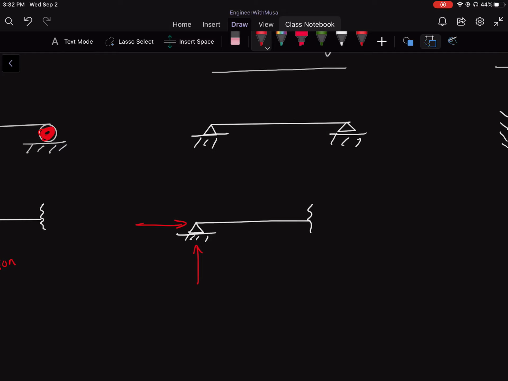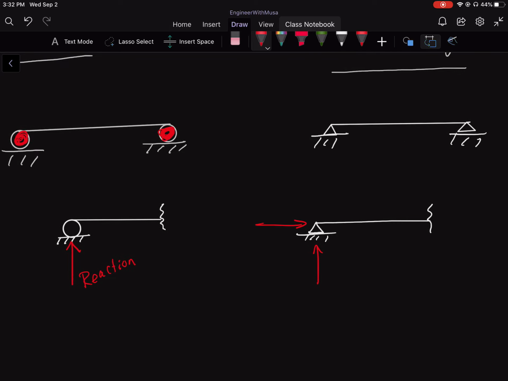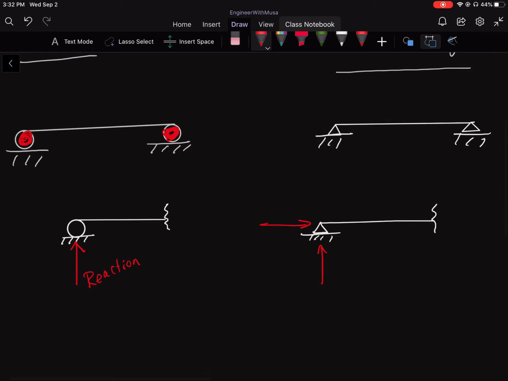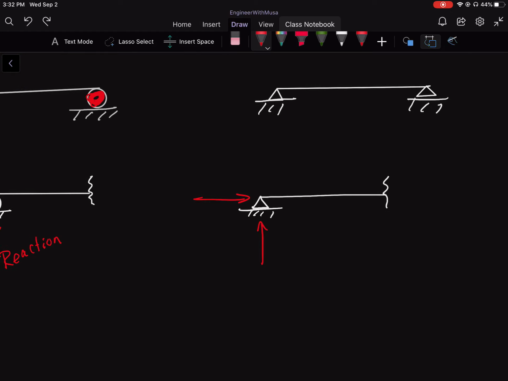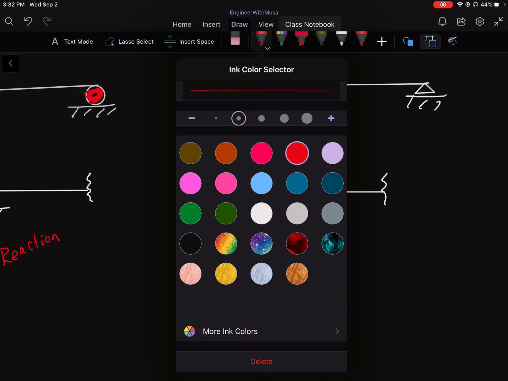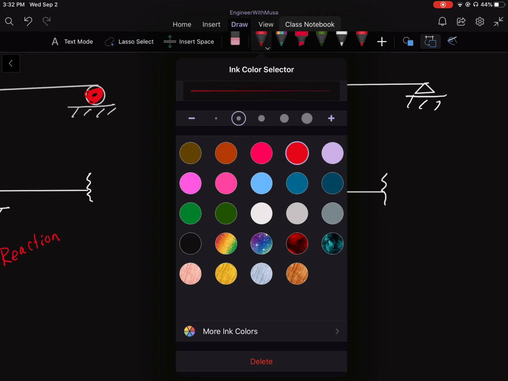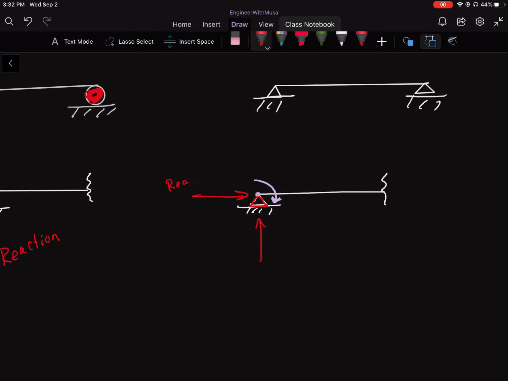So this pin over here cannot be free to roll around like this guy over here, right? This one is basically set in stone, not allowed to move, but it is actually allowed to rotate. So this has the freedom to rotate. It's quite simple. So here we have another reaction, reaction.